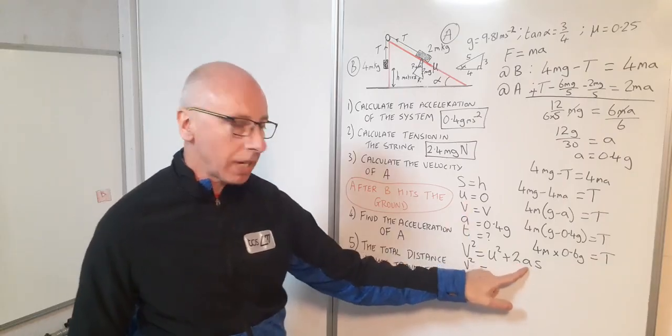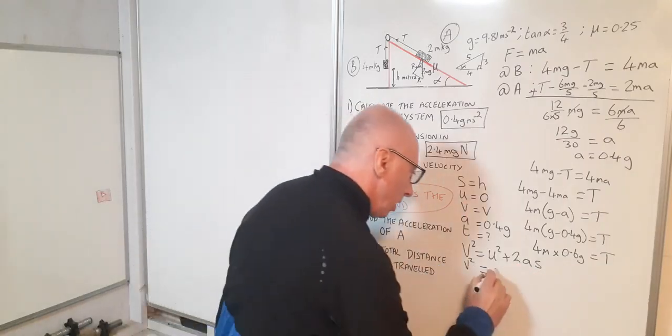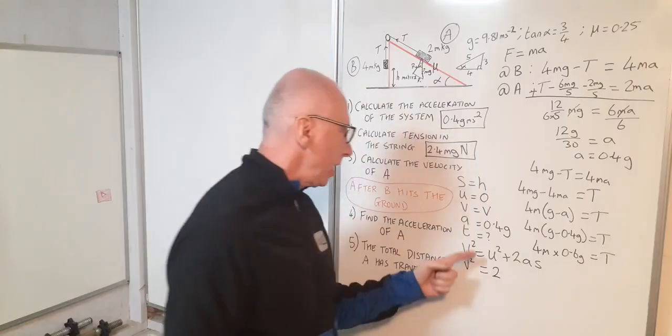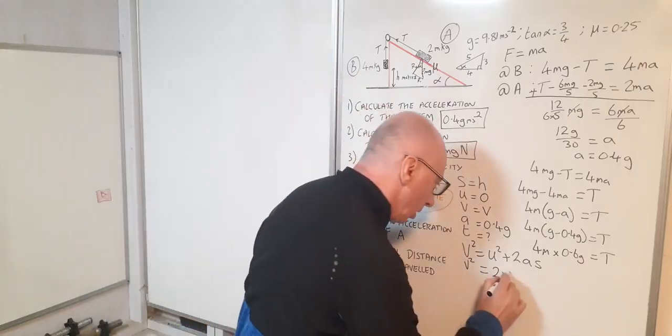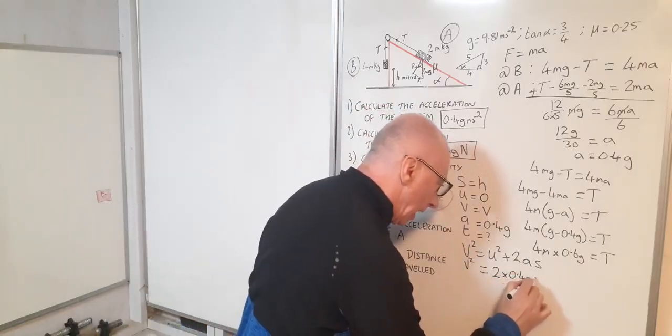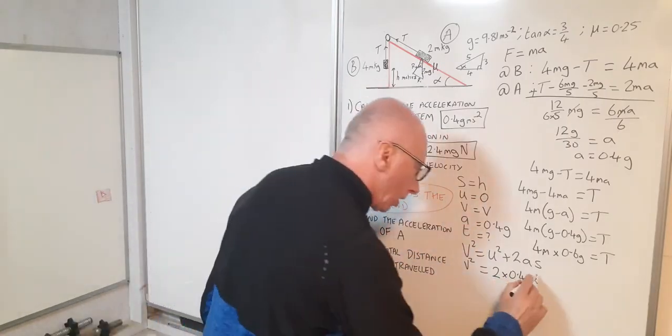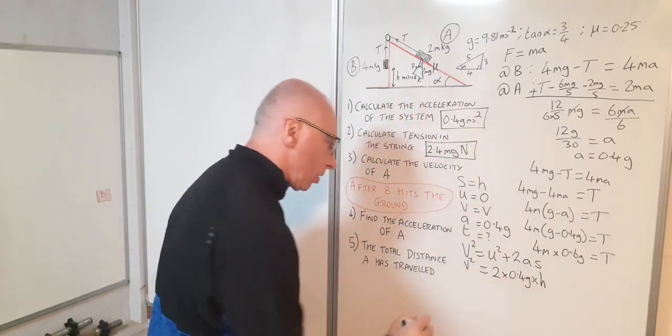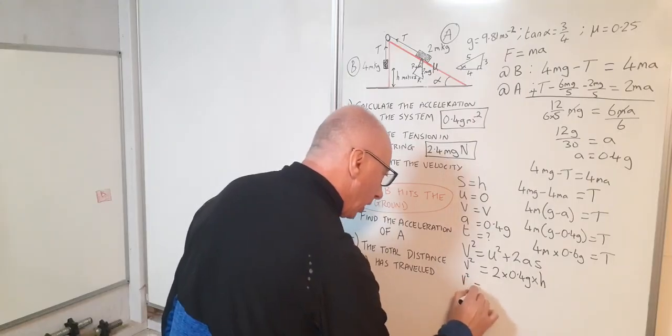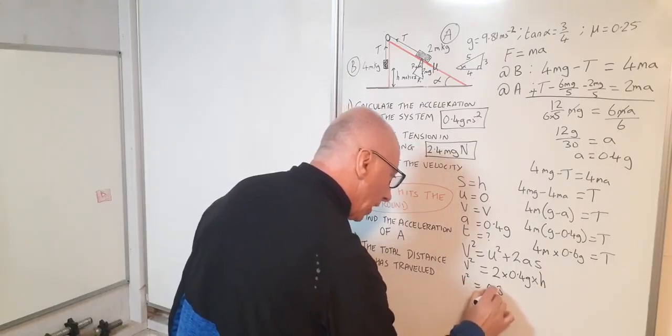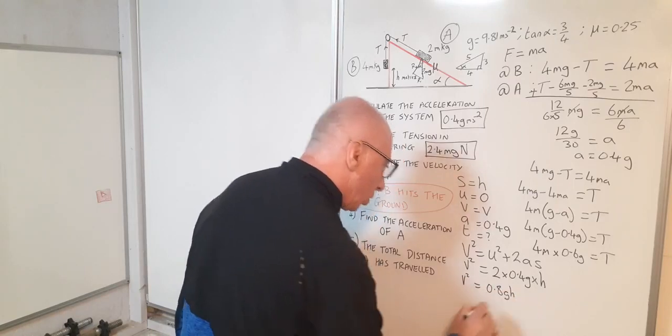I've got 2 times a times s. So I've got 2 times a, 0.4g, and times s, well h, that's the height that we're given in the question there. So then v squared equals 0.8 gh.